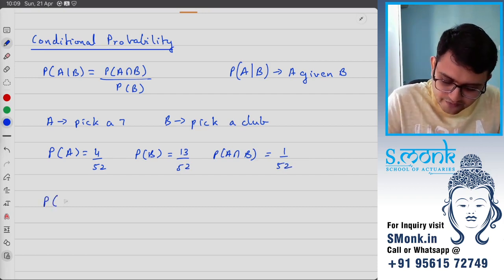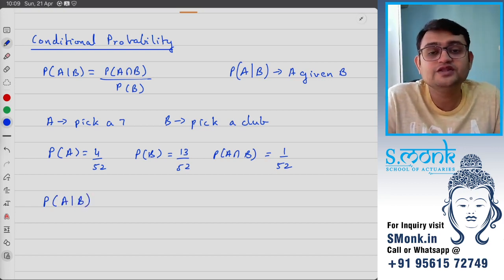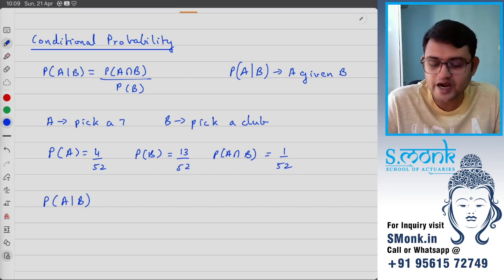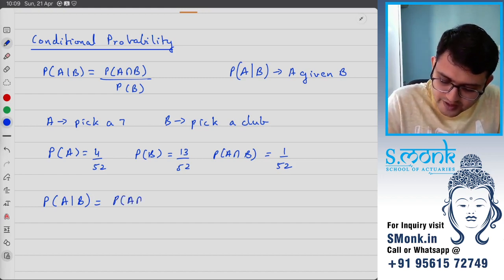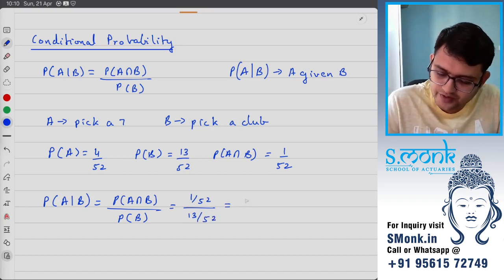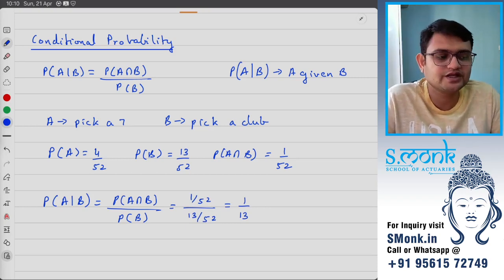So probability of A given B, that means the probability that I will pick a 7 given the card was club, is probability of A intersection B upon probability of B. Even logically we said the probability should be 1 by 13, and mathematically also we are getting 1 by 13.